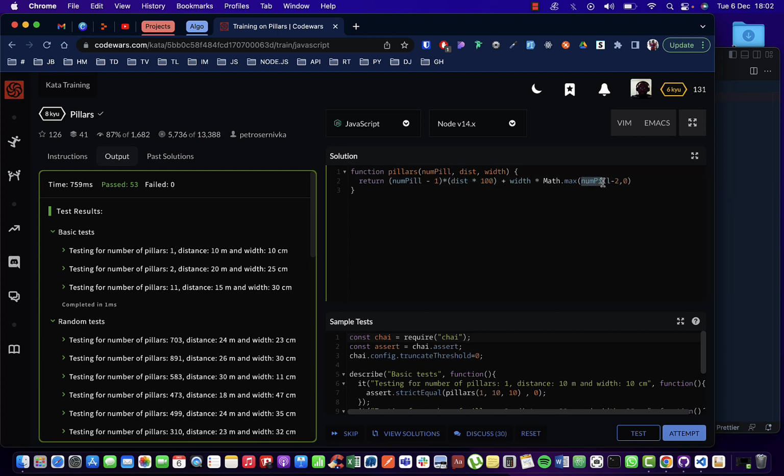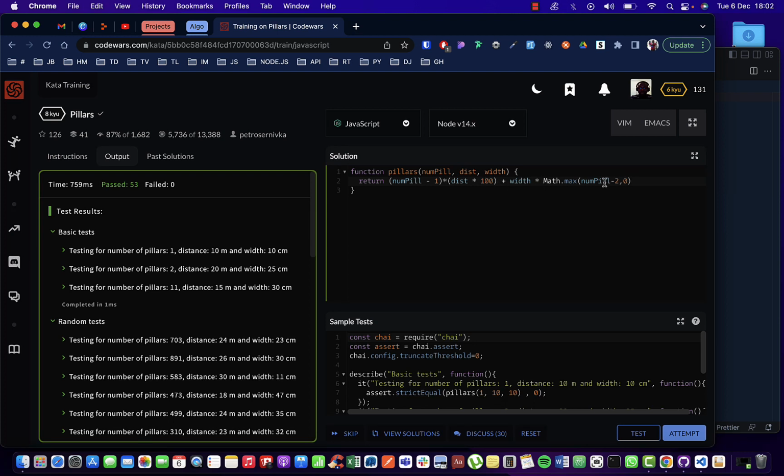Now if we have 3 pillars, it will be 3 minus 2, which is 1. So the maximum will be 1, because 1 is higher than 0. So it will take 1 times the width, which will be the 1 width. So that's the pillar in the middle, because when we are considering 3 pillars, we are leaving out the first and the last one. So this will pass, and the same way, if you pass 3 here, it will be 2 times distance, because we have 2 distances between the 3 pillars.